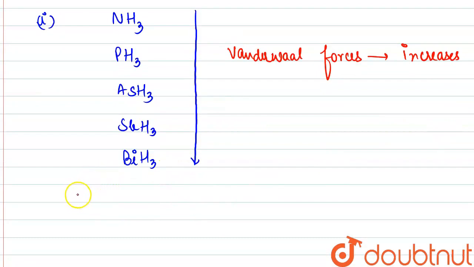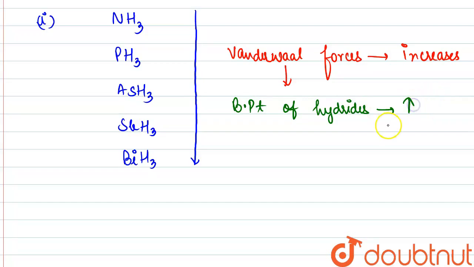Because of this increase in the van der Waals forces, the boiling point of the group 15 hydrides increases on going down the group. So what would be the arrangement now?